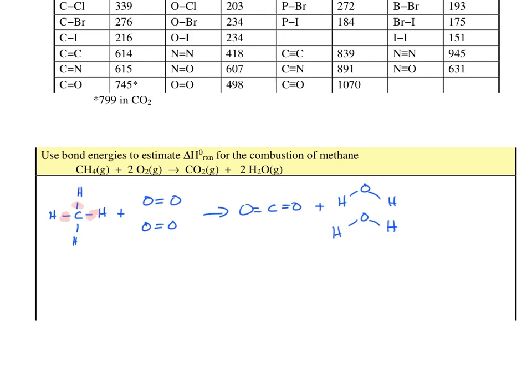We need to break the 4 carbon-hydrogen bonds, 2 oxygen-oxygen double bonds, and we're going to make 2 carbon-oxygen double bonds, and we're going to use the value of 799 kilojoules per mole for CO2. We're also going to make 4 oxygen to hydrogen single bonds. So we have delta H of reaction is approximately equal to the bonds broken minus the bonds formed.